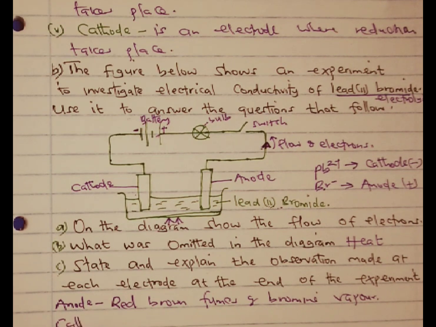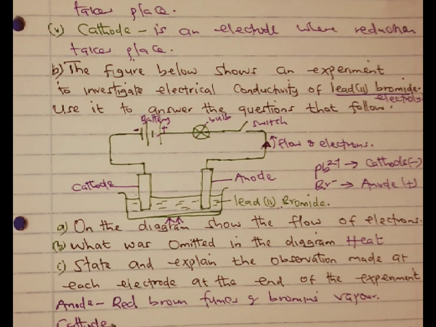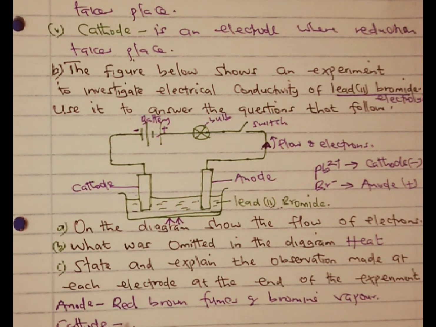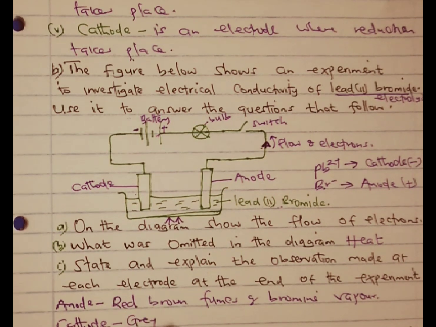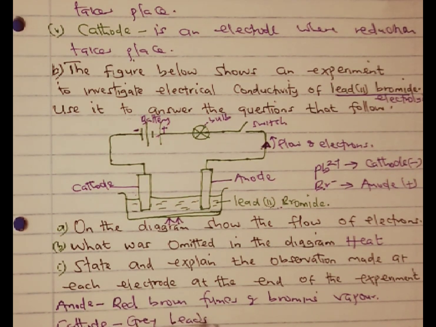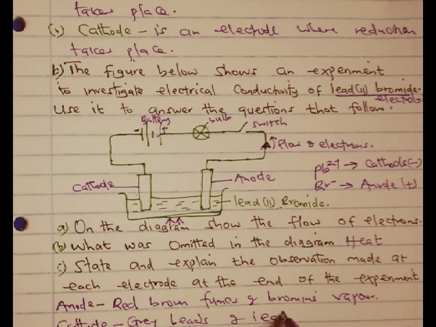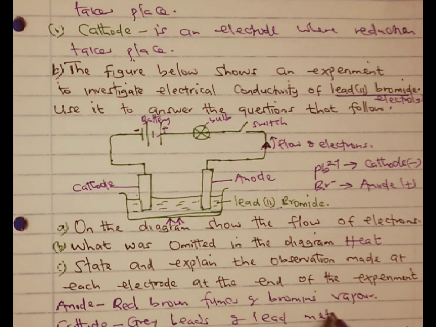Then we have the cathode where lead metal is going to be formed, and at the cathode we will see the gray beads of lead metal.